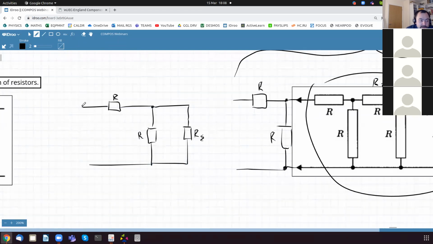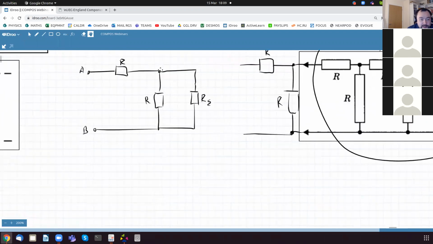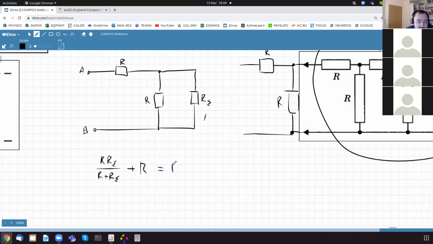And so the resistance between points A and B is going to be R sigma. This is a parallel combination, and for a parallel combination of two resistors, we use the formula R sigma times R divided by R plus R sigma. Now, this is the parallel combination of these two, plus R, has to equal R sigma.